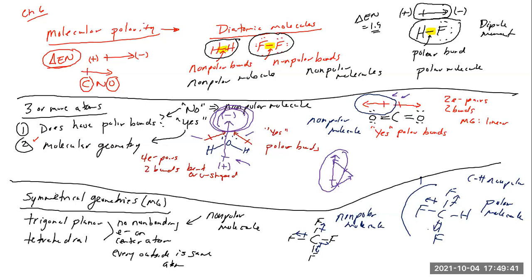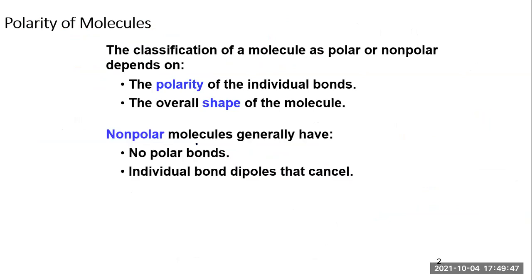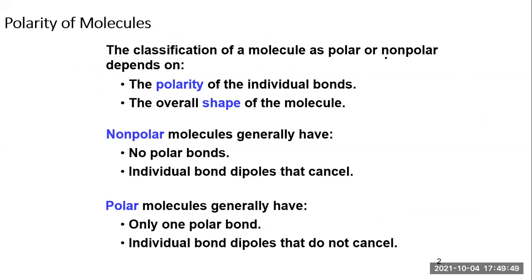Because we have some symmetrical geometries, we also have some unsymmetrical geometries. And I think what I'll do is put it into here. So some unsymmetrical geometries. And again, we're looking at molecular geometries. That's your trigonal pyramid.